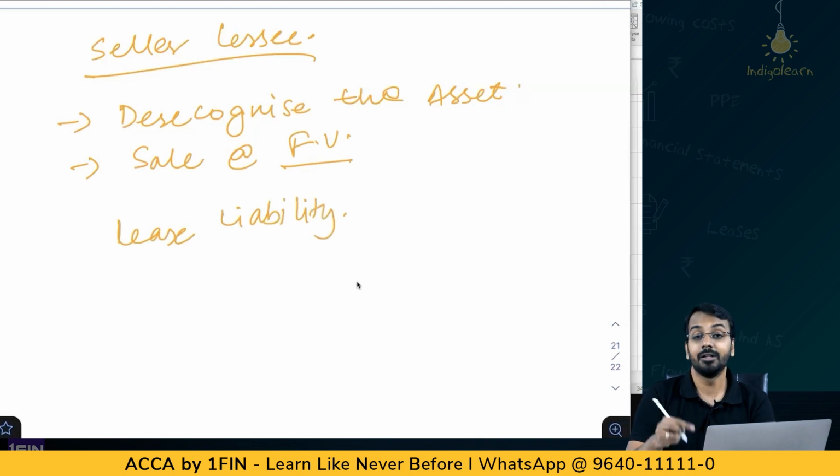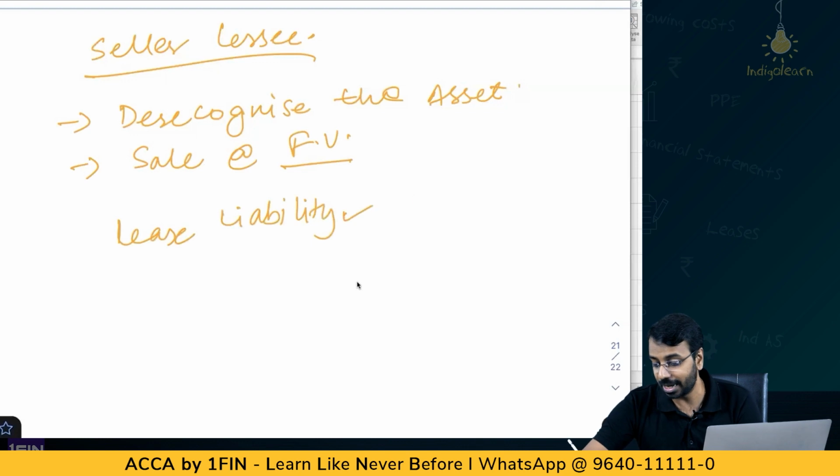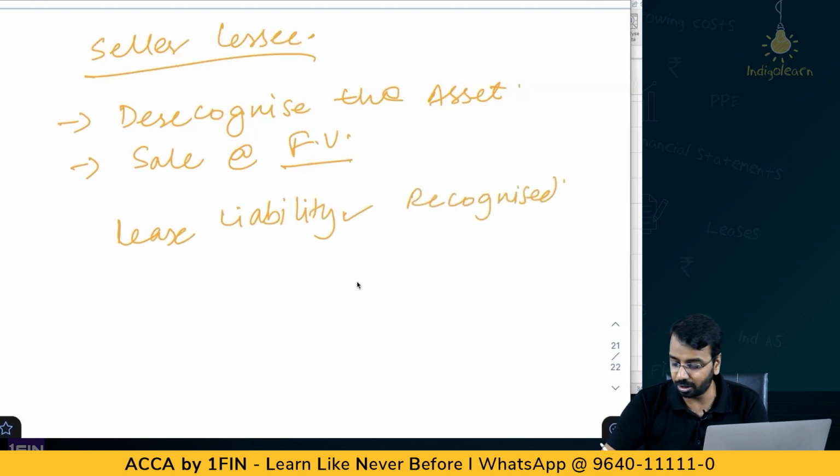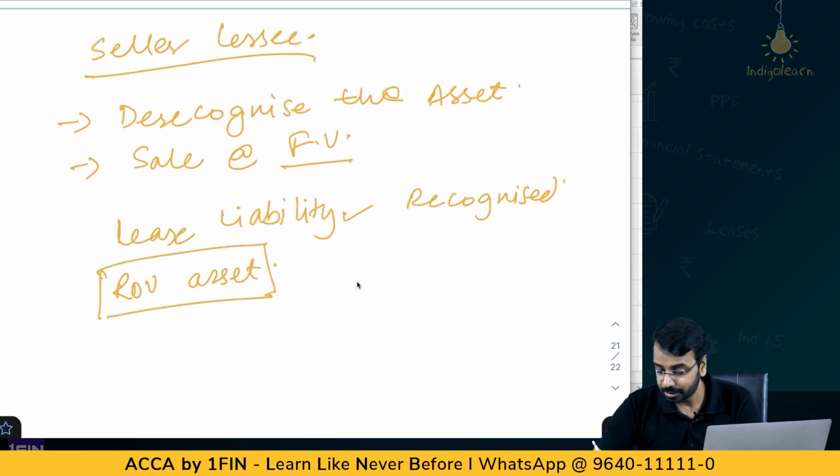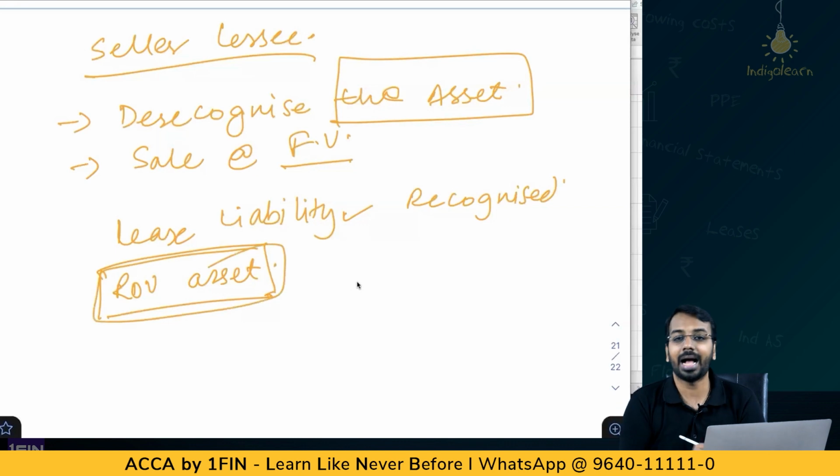So lease liability will be recognized. I will also recognize a right of use asset. See, this asset I am de-recognizing, and this right of use asset I am recognizing.